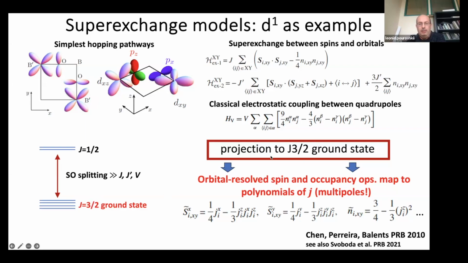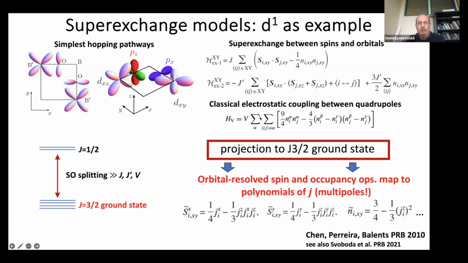What one sees after the projection is that these operators map not simply into angular momentum, let's say Jx, but also have a contribution of the product of three angular momenta, which is commonly called octupole.